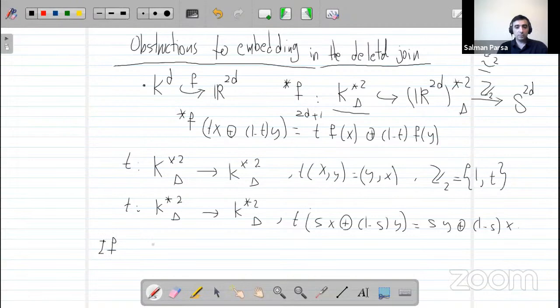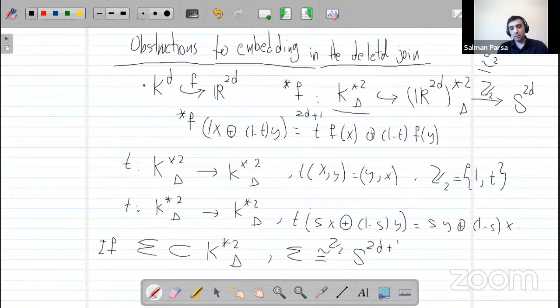So for instance, if there is some kind of, let's say sigma, where sigma is equivariantly homeomorphic to S to the 2D plus 1, then the Borsuk-Ulam theorem tells us that the f star cannot exist, and therefore these objects, like these spheres, can work as an abstraction.